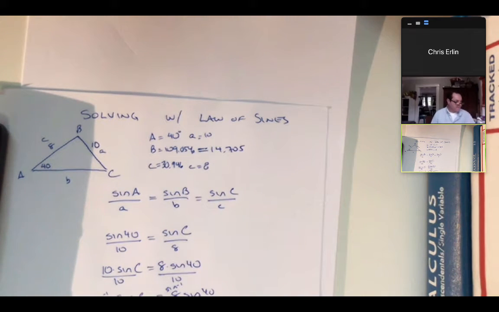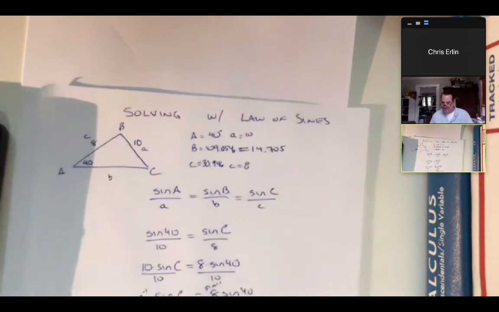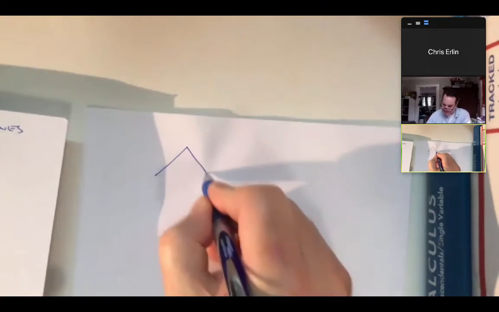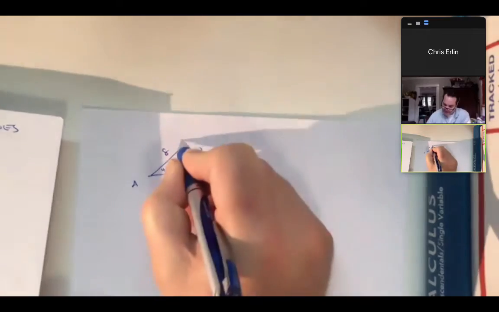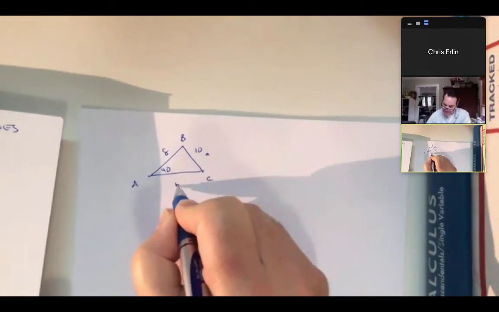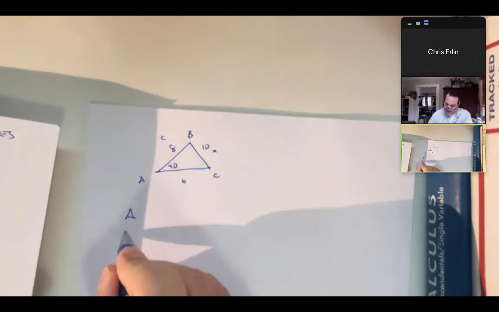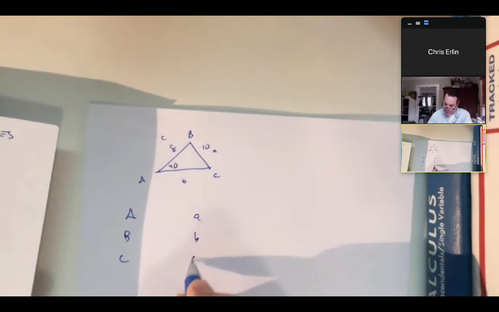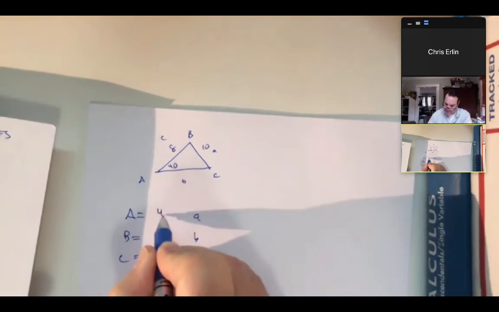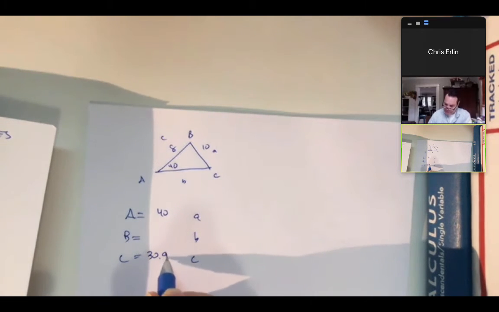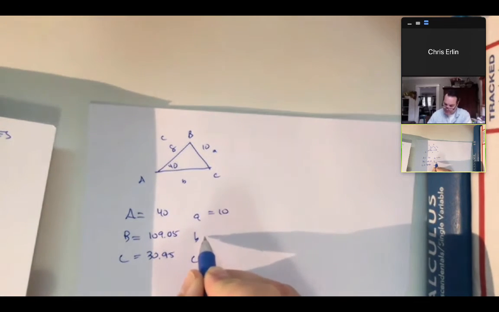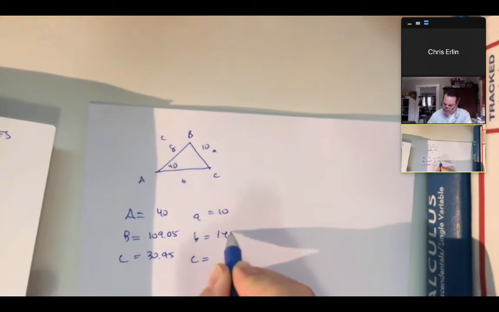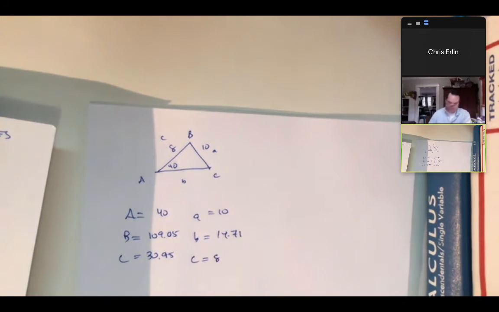Now, I can also look at doing what's called the ambiguous case. In this particular triangle, I just discovered that I was able to find or solve the triangle once.